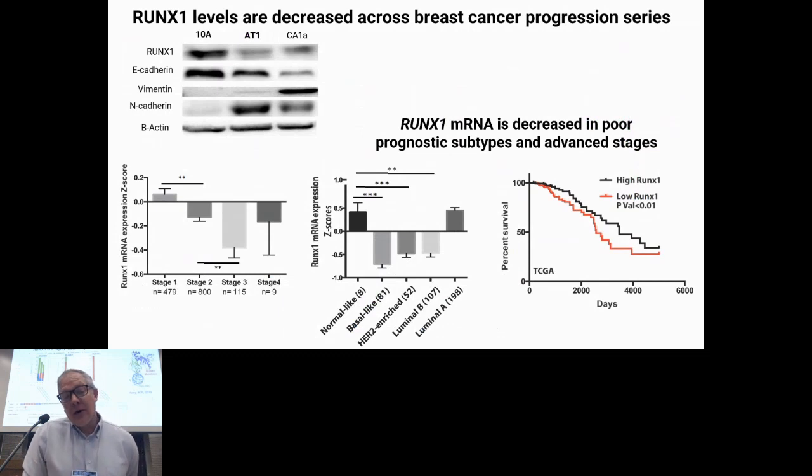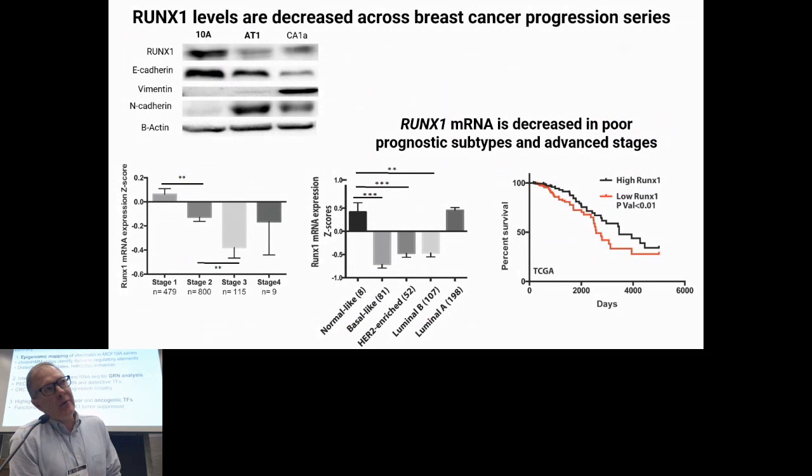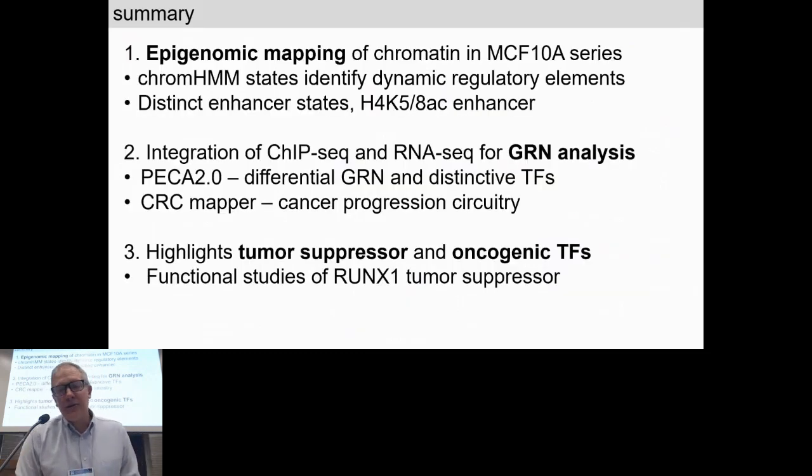RUNX1 is one of the top mutated genes in breast cancer, and those mutations are often found in the DNA binding domain or a domain that interacts with its obligate partner, CBF-beta. We are currently studying RUNX1 as a tumor suppressor, and we've established degron cell lines to acutely deplete RUNX1 in MCF10A and study the effect on phenotype and the epigenome, as well as other oncogenic factors and their role in gene regulation.